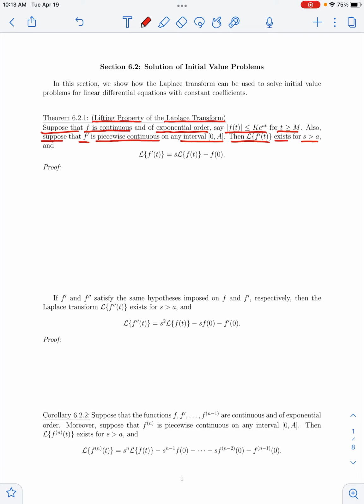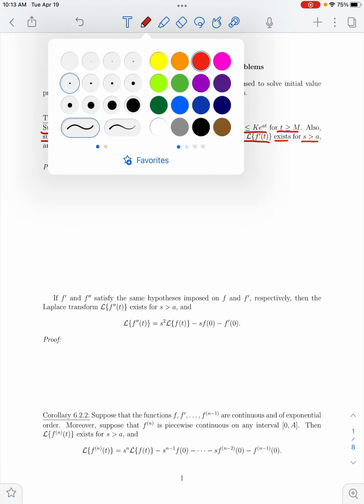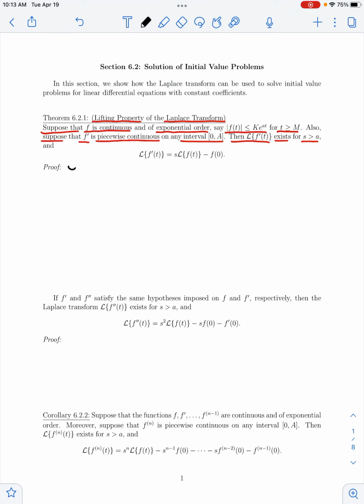So let's prove this. We are looking here for the Laplace transform of the derivative of some function, f prime. So by definition, that is the integral from 0 to infinity of e to the negative st times the function I'm taking the transform of, which was f prime dt.